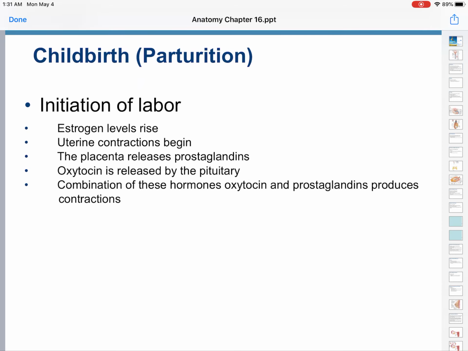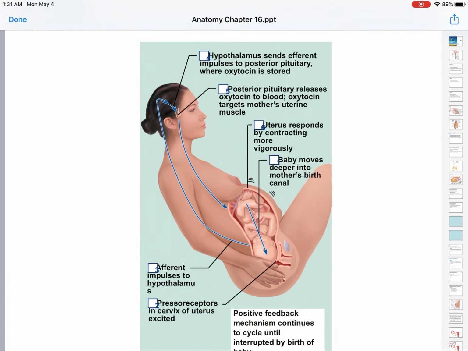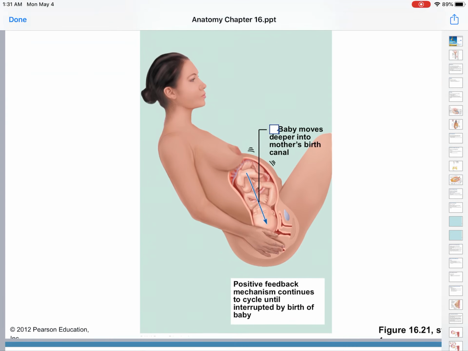Initiation of labor. Estrogen levels will rise significantly. The contractions will begin. The placenta will release prostaglandins. Oxytocin will be released by the pituitary gland, and the combination of these will produce contractions.